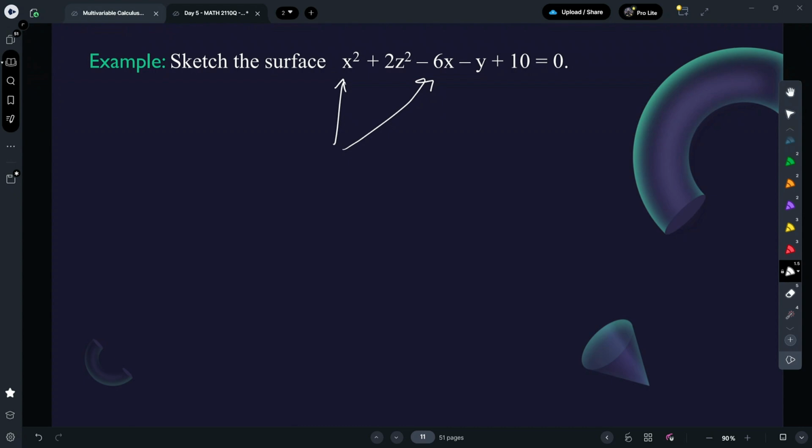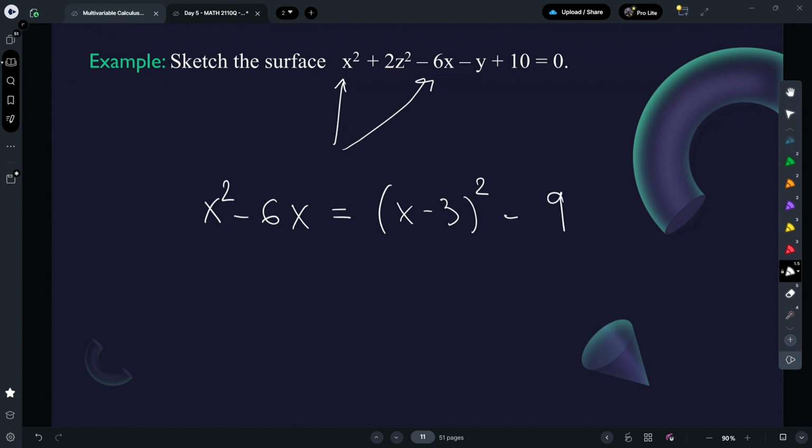There is an x squared minus 6x, and that I can simplify. That is going to be the beginning of a square. That's 3 times 2. So this would be x minus 3 squared, except that this square would have a plus 9, but there is no plus 9, so I have to subtract a 9.